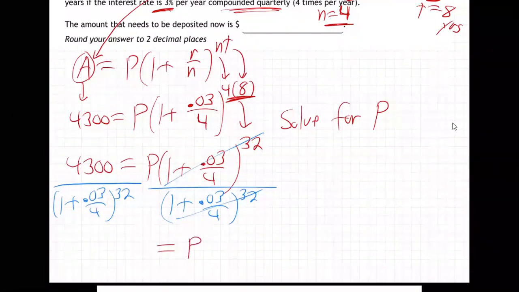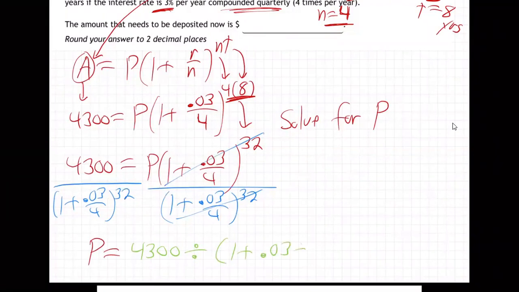P equals. Now, how do you do this whole thing in your calculator? You've got to be a little bit careful here. Maybe I'll switch it around and write it out. So you've got to go carefully. 4,300 divided by, we're going to go parenthesis 1 plus 0.03 divided by 4, to the power 32, whatever your power button is.